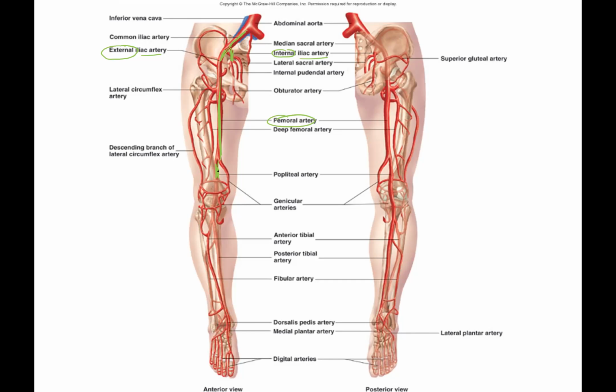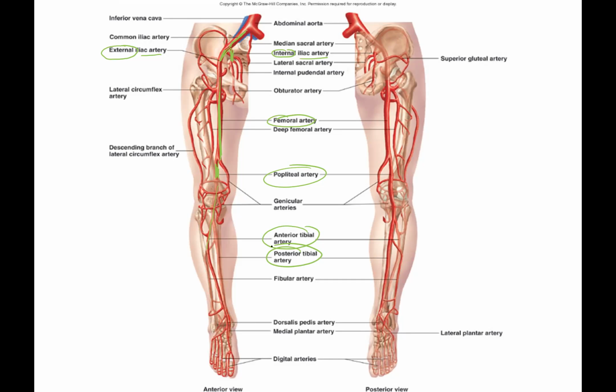Okay, then when you keep going, eventually you're going to get into the anterior and posterior tibial artery. All right, now this follows the tibial bone. So on the back side of that bone, the blood vessel that you find there would be the posterior tibial artery.